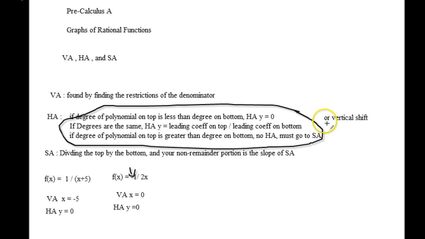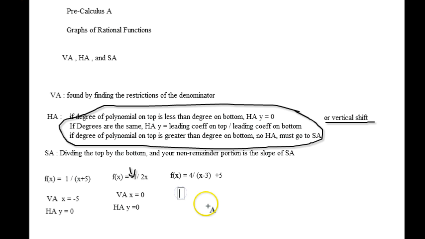Now, if you're in vertex form, the vertical shift is going to tell you as well. So, for example, f of x equals 4 divided by parentheses x minus 3, and then I have off to the side plus 5.